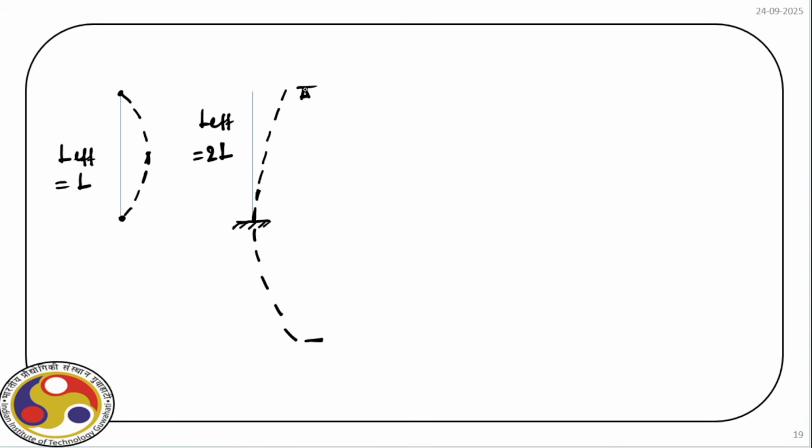So this is twice of L, and that is the L effective.